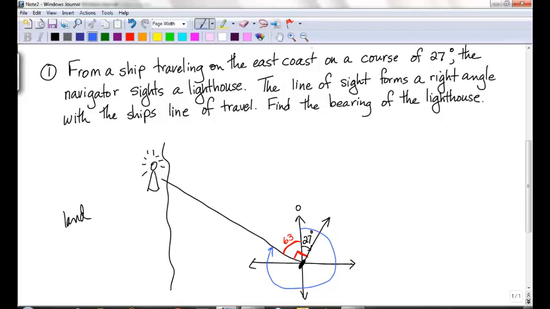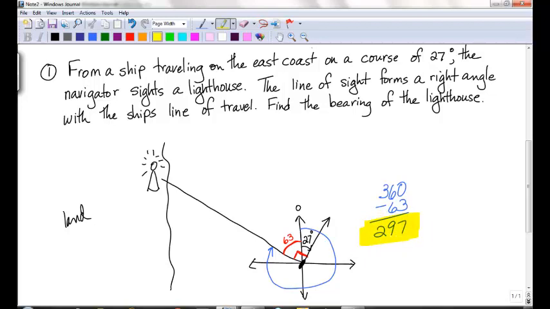How do you get it? All the way around is 360, and subtract the 63, be 297. Could we also go all the way to here is 270, and figure this angle? 270 plus 27, and we still get 297, right? So that's the answer.